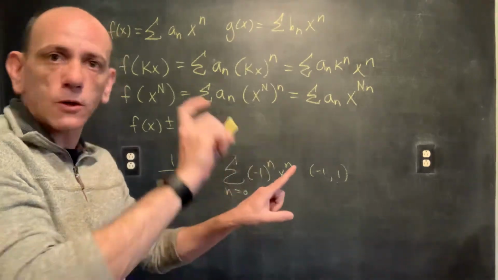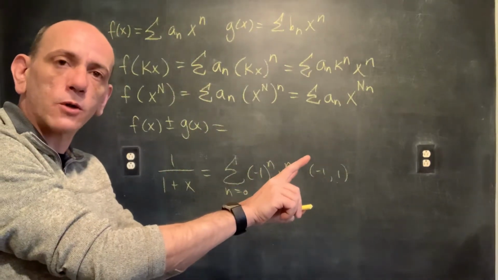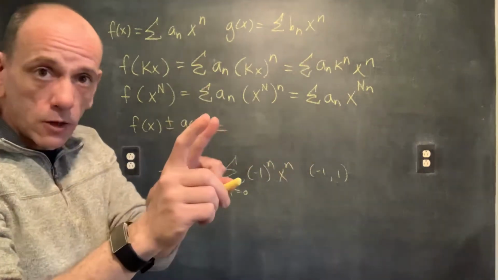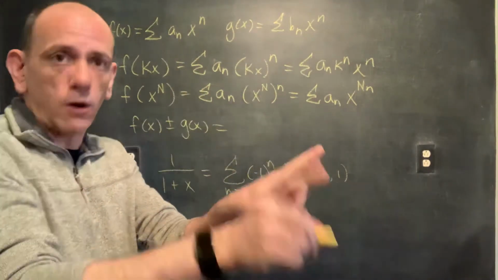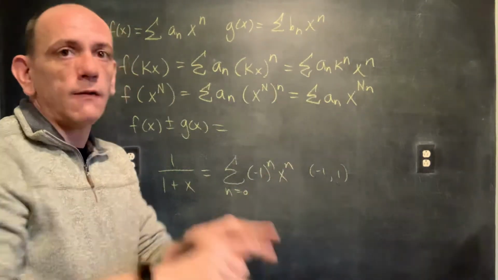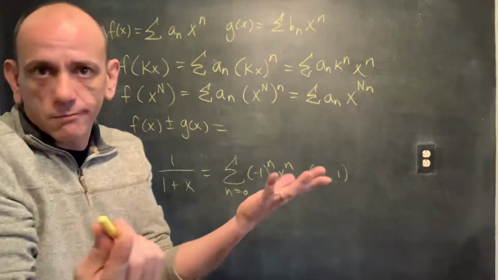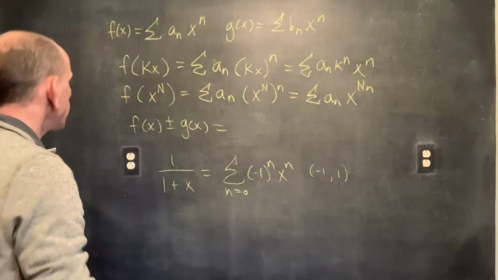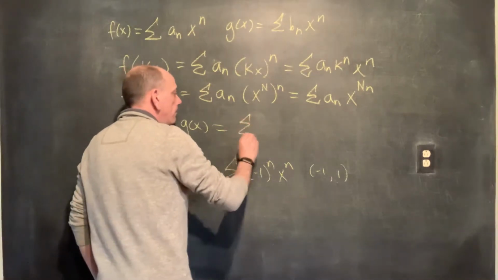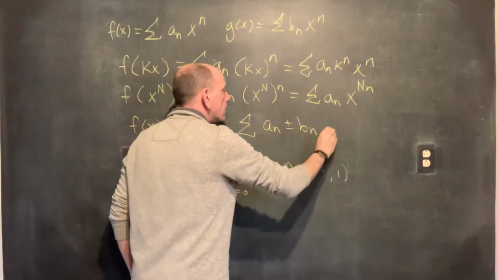I'll take a sub 0 and b sub 0 and say, okay, group those together. That's a sub 0 plus b sub 0. Then I'll look at the x terms. I'll say, oh, okay, it's a sub 1 plus b sub 1. I'm just grouping those, right? Then I look at the square terms and I go, well, that's a sub 2 plus b sub 2. Okay, so it's just grouping of addition. It's the sum a sub n plus or minus b sub n, x to the n.